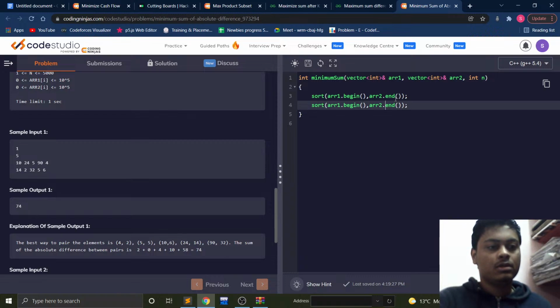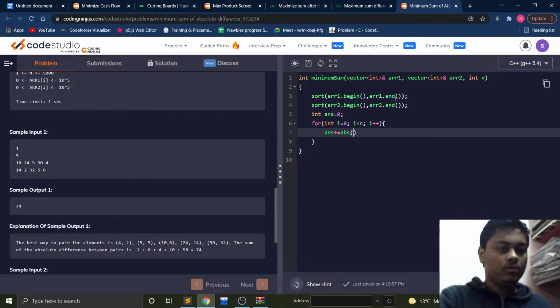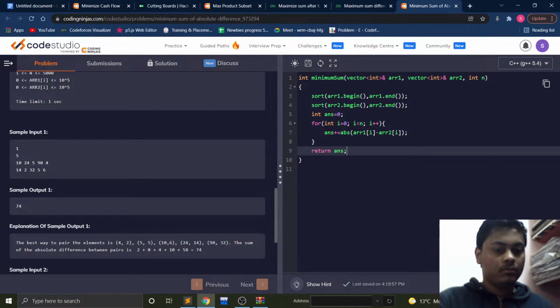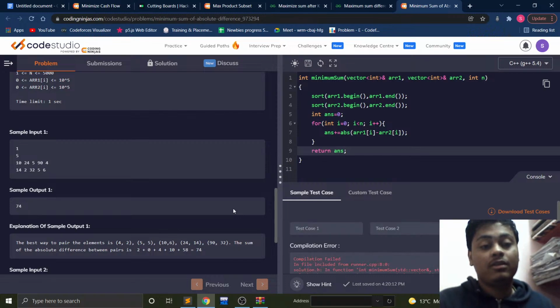Similarly for array 2. Done. I think I have taken some oath that every time I do something on Code Studio, I'll get a compilation error the first time.